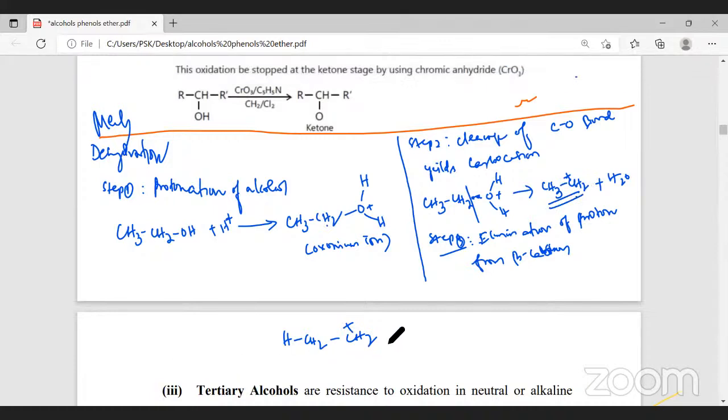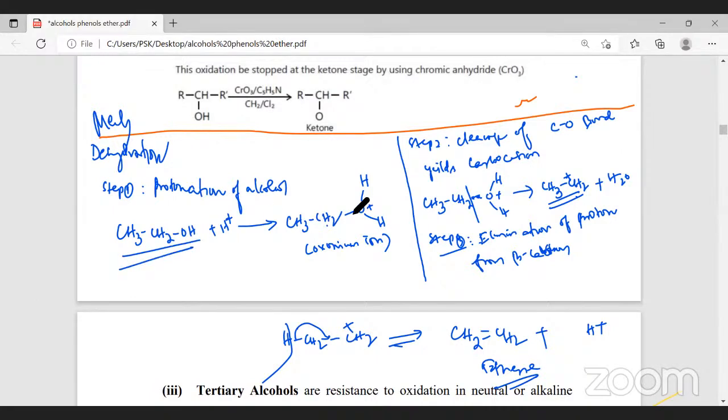This carbocation will undergo a loss of proton. When this proton gets eliminated as H plus, the bond shifts here. So what you get is CH2 double bond CH2. This is nothing but ethene. In the first mechanism, we learned hydration of ethene to prepare an alcohol. Now we started with an alcohol and learned to prepare ethene. That is called dehydration, the reverse reaction.